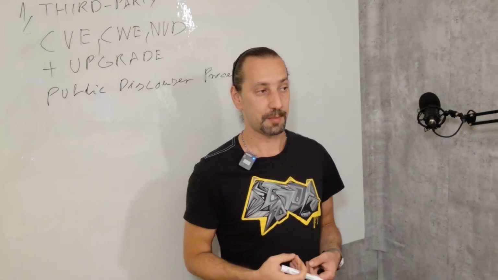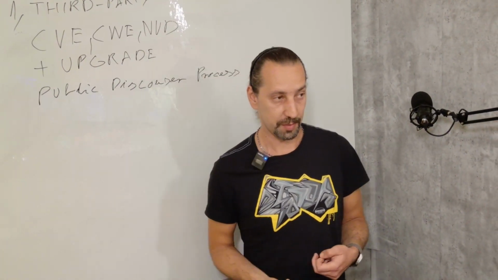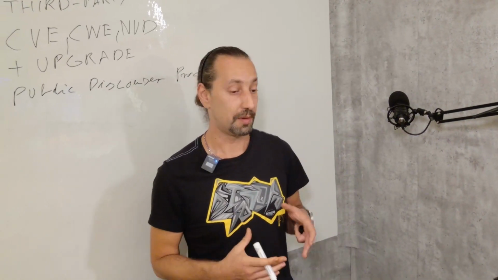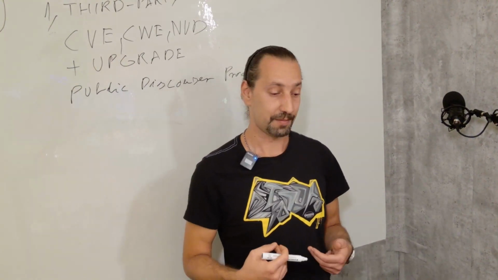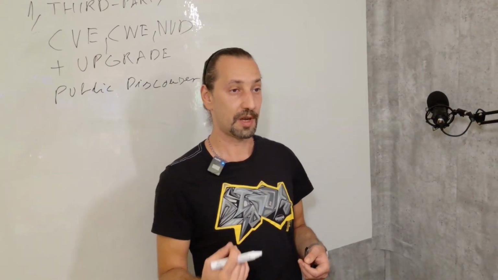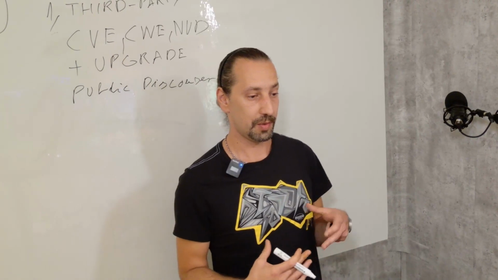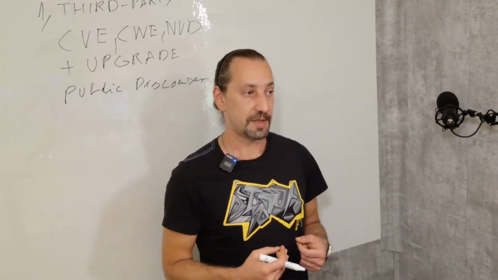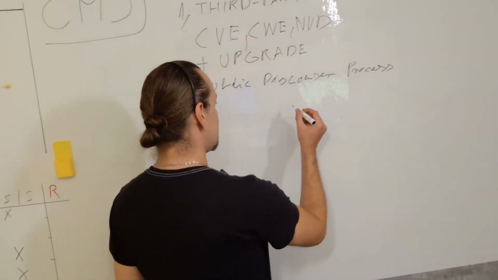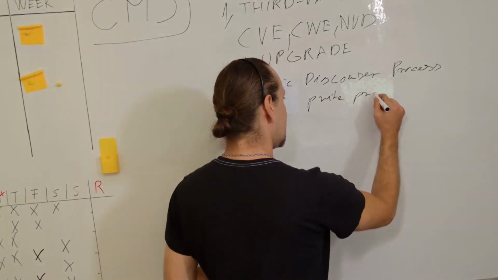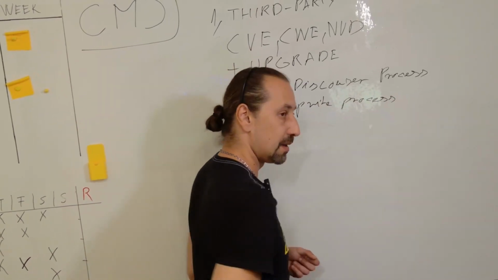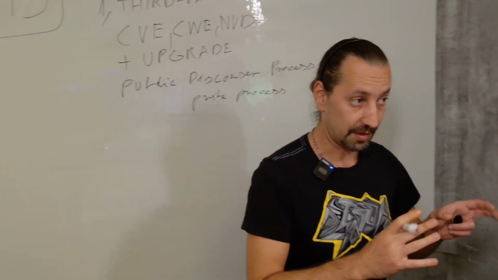Well, if an ethical hacker or someone finds this vulnerability, then they try to find a connection with the project, with the team, with the company, and they try to resolve this issue inside of their own organization. So it's a private process in the start.